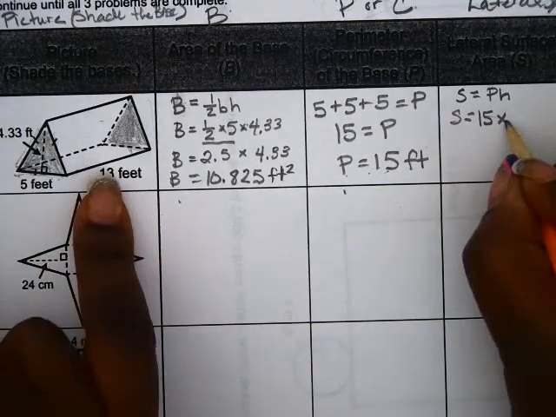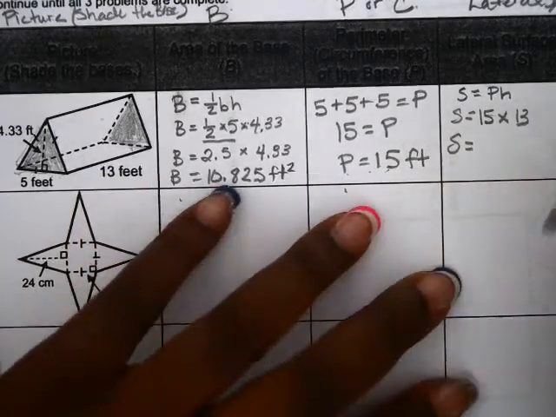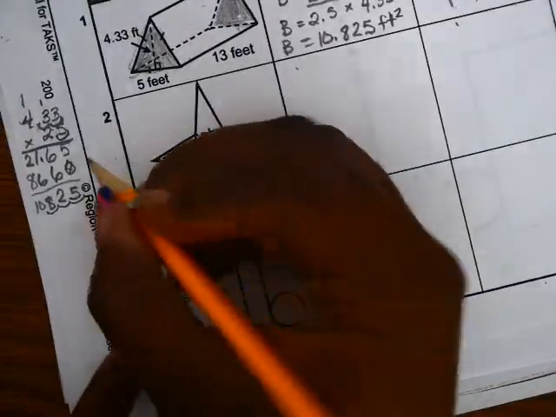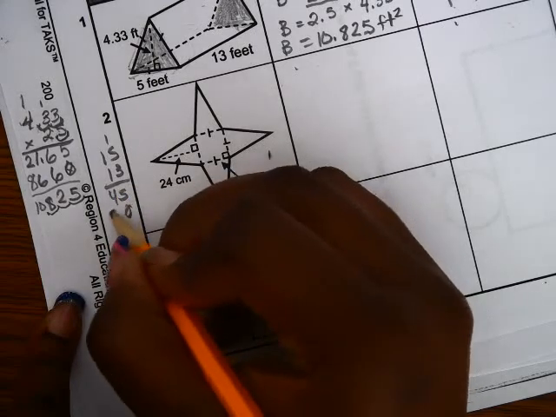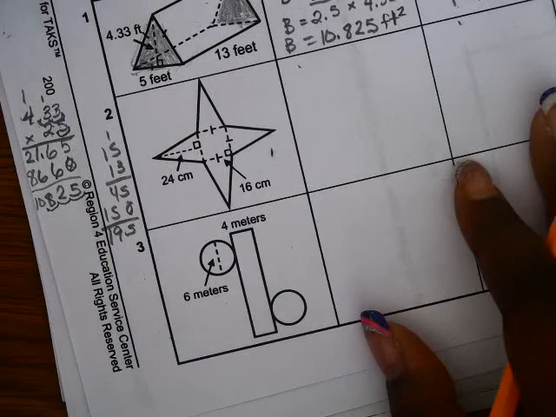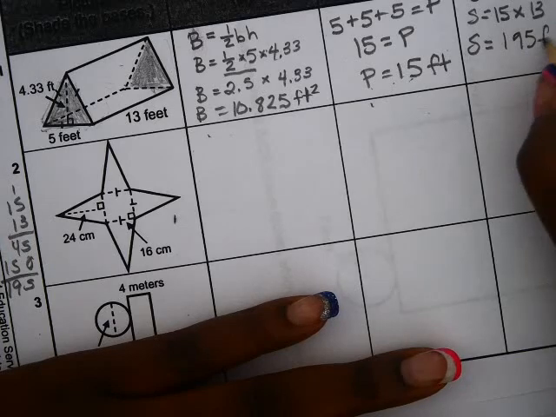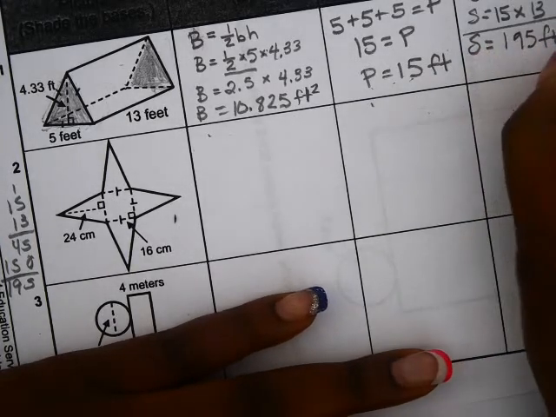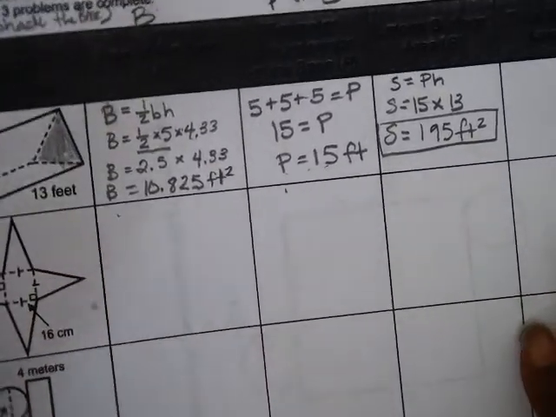The height is 13. So I'm going to multiply 15 by 13, and I got 195 for that. So my lateral surface area is 195 feet squared, because remember, lateral surface area is always in units squared.